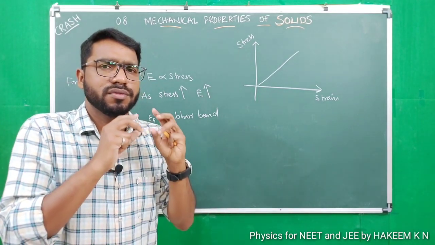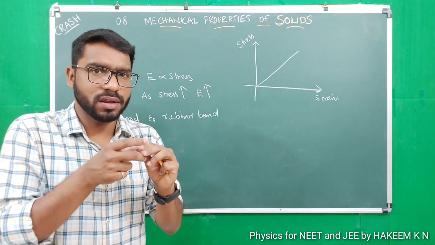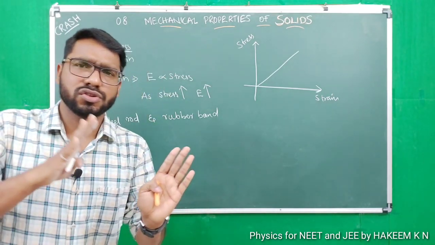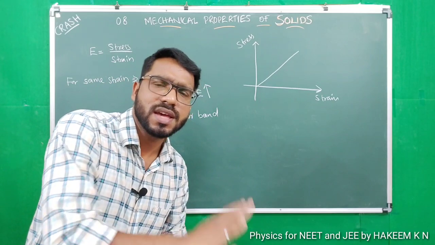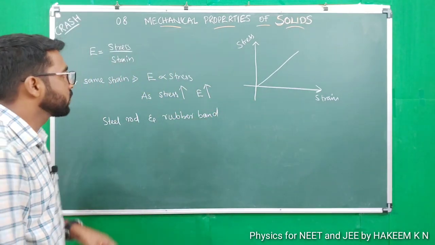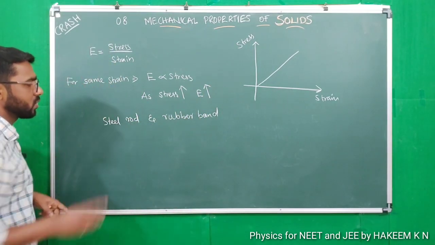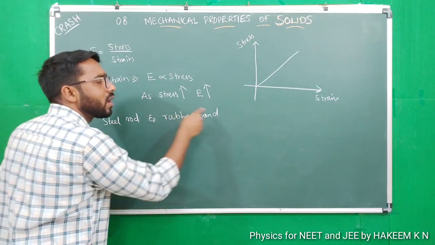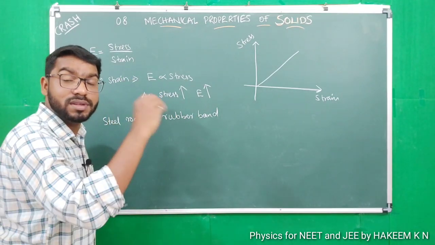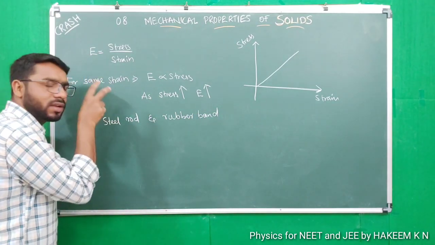Once more, to produce the same strain, if you are compelled to apply more stress, then the body is more elastic, according to Hooke's law. As stress increases, elasticity increases for the same strain. So in the steel rod and in the rubber band, for the same strain, more stress has to be applied in the steel rod.